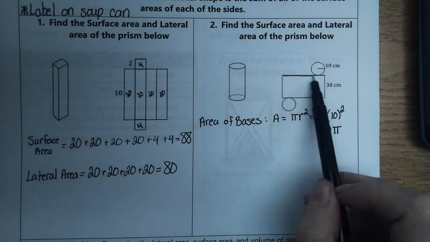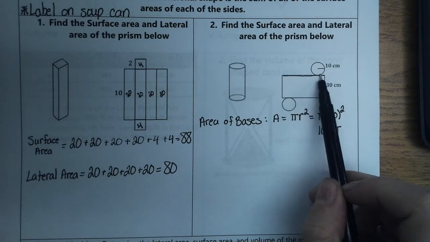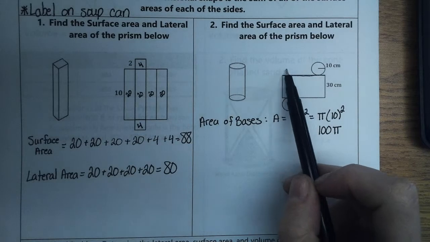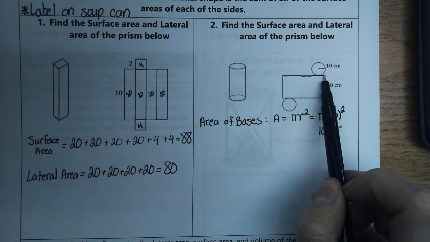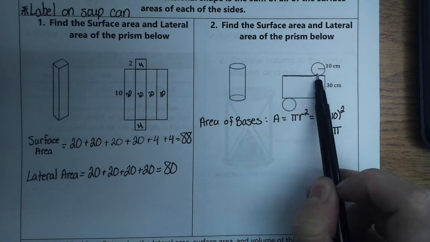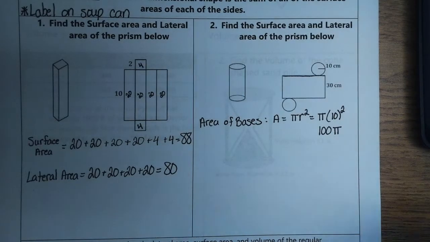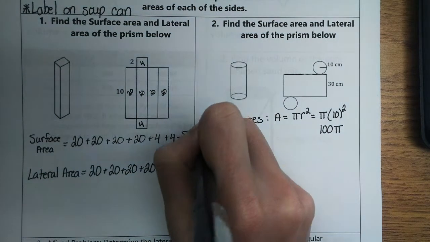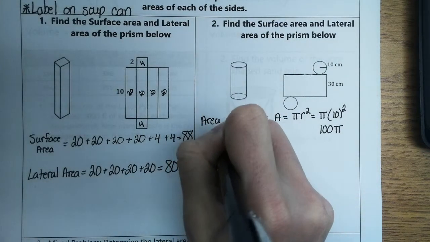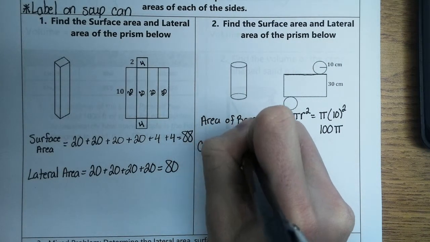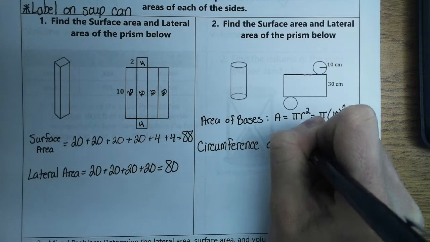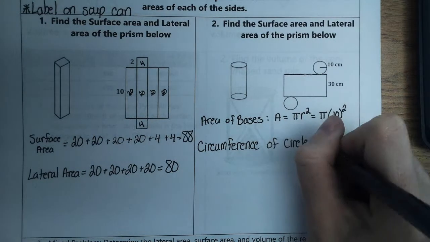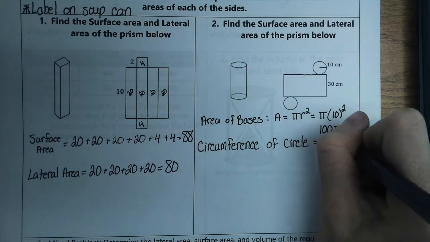What that something is equal to: if we take this circle and we roll it along, if we unfolded the circle, if we made a cut right here and unfolded it, it would be the length. So we need to know the perimeter of the circle, which is called the circumference. The circumference of the circle is equal to 2 pi r.